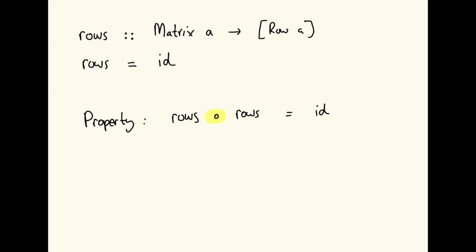If you can't remember how this works, maybe have a look back at the first year course. I think it's covered in lecture 7 on higher order functions. All we're doing is taking the rows function and composing it with itself, and saying that will do nothing. You get back the identity function. Again, this simple property, which seems completely trivial, will actually be useful to us later on. So we'll come back to this property later.